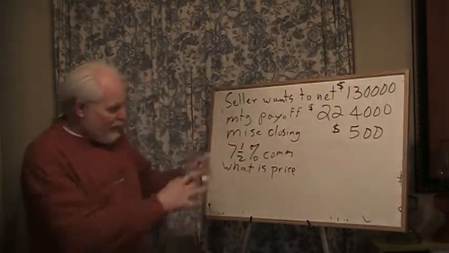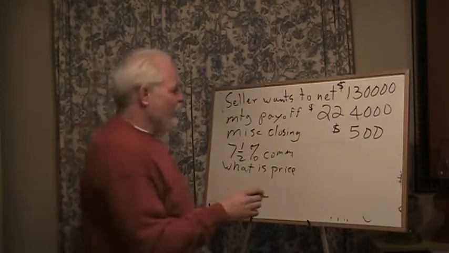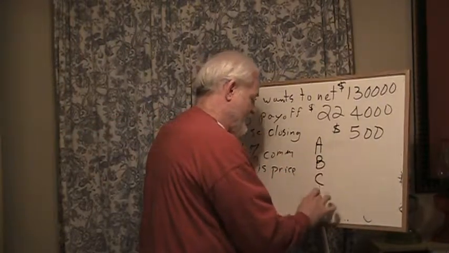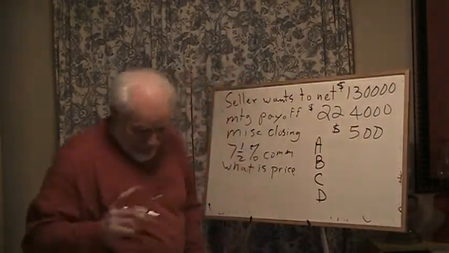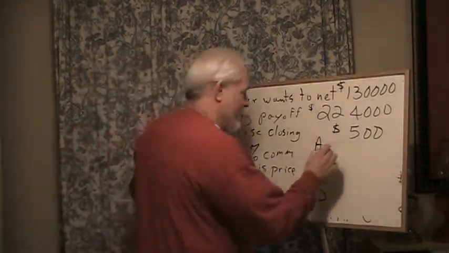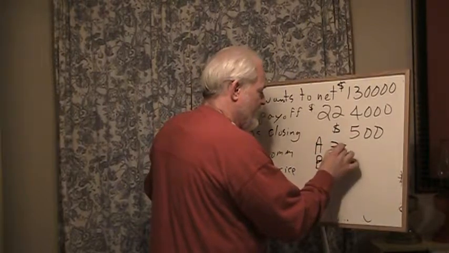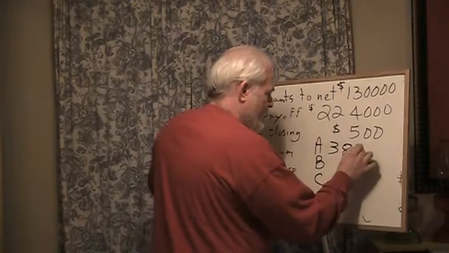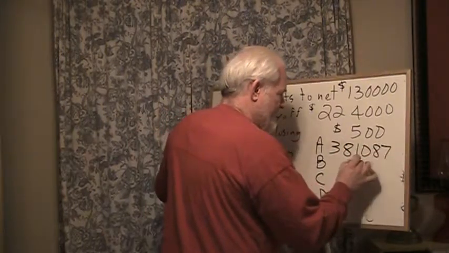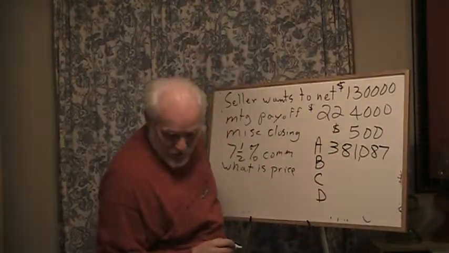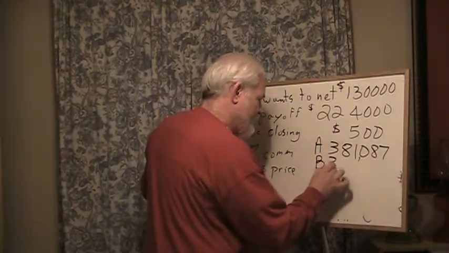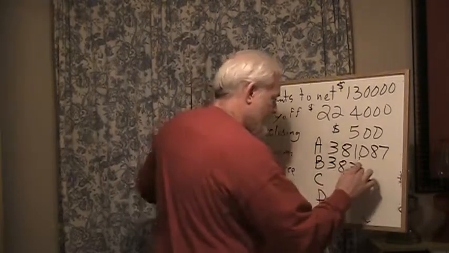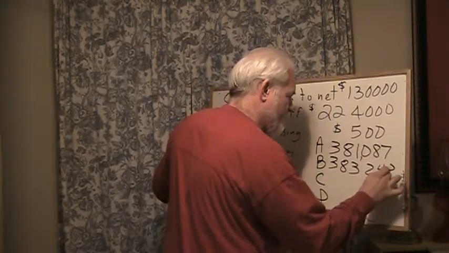By the way, I don't usually give you choices, but I want to give you 4 choices here, and I want you to write them down because I'm going to have to erase them. But let me give you 4 choices, and I'll tell you why I'm giving you the choices in a minute. Choice A is $381,087. Choice B is $383,243.